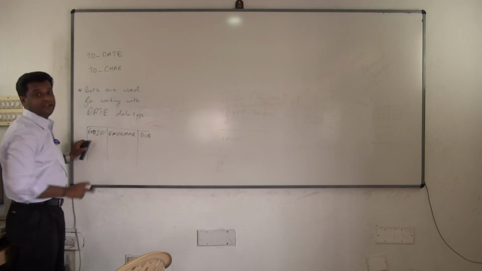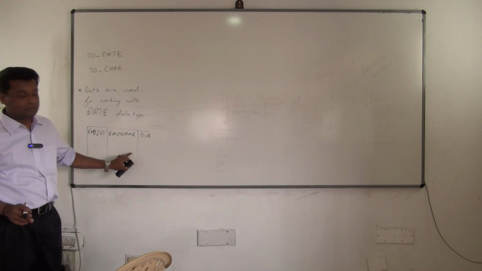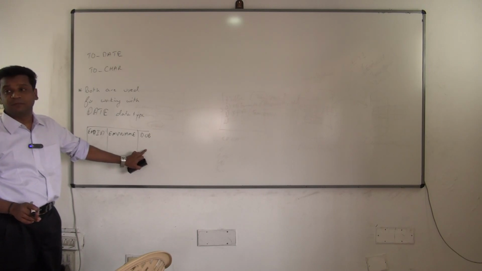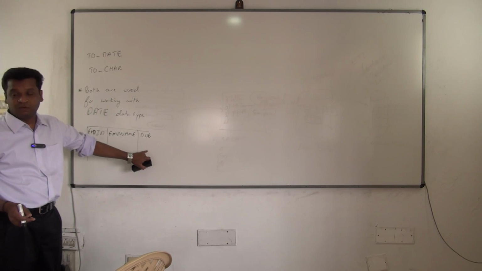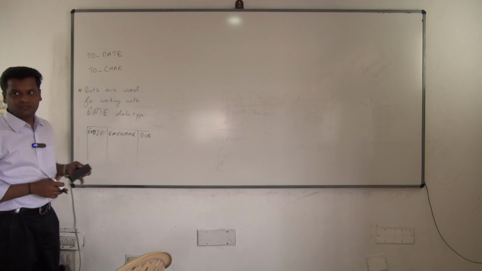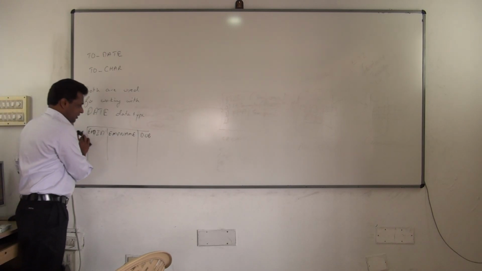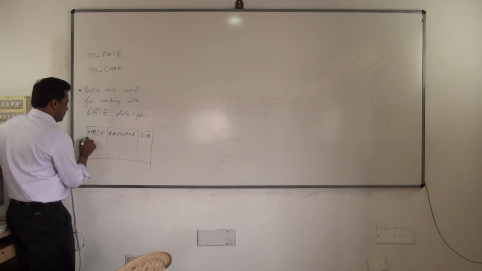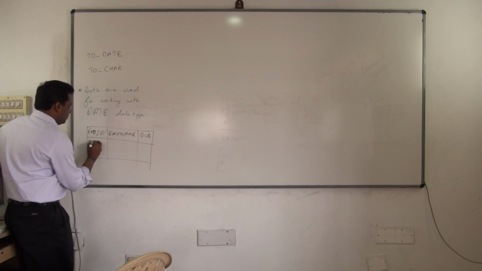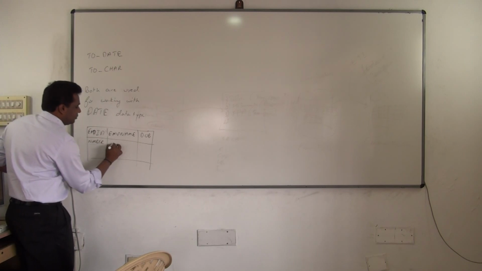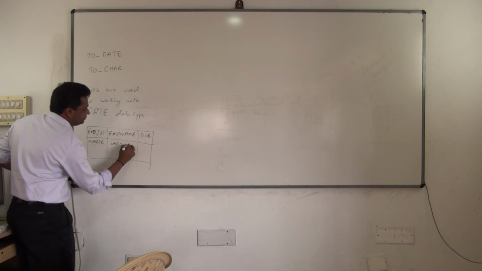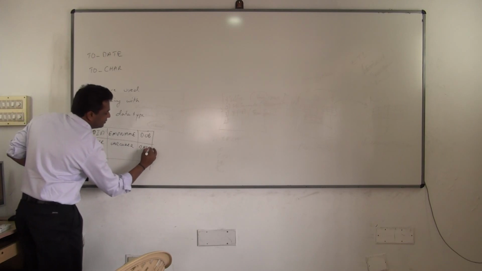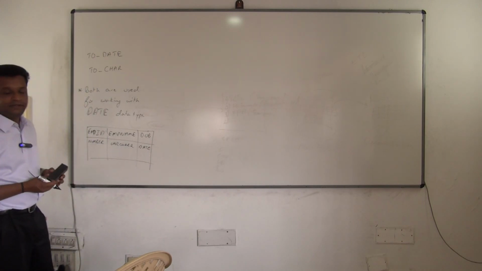So ID will be numeric data type, employee name will be varchar2, date of birth will be of type Date. So to work with this type of data type, you should know these 2 functions. Okay. So just to make you understand, this will be number, this will be varchar2. So this is date data type.